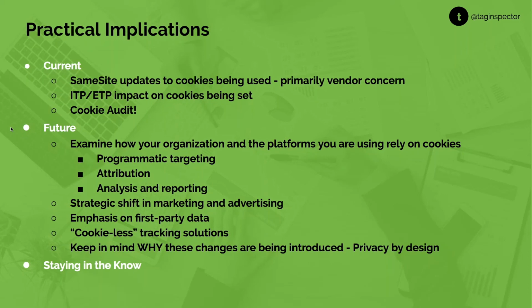So staying up to date on what's going on. There's a number of really good resources out there, as well as the privacy legislations and how those are evolving. Different court cases coming up in the EU are changing how the definition of consent is being interpreted. So really needing to stay on top of that to make sure that you're able to maintain and really thrive within the new environment.